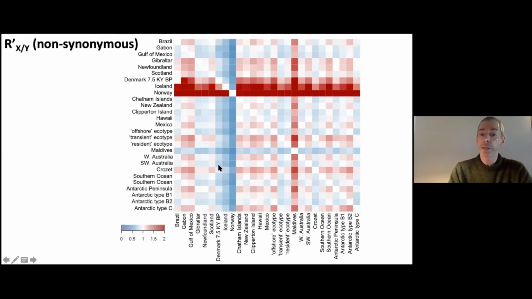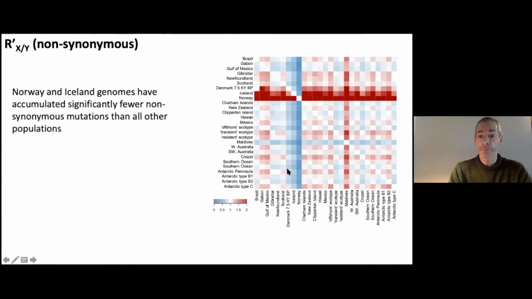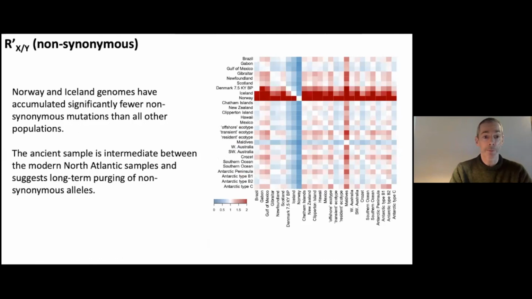So we do see this excess of synonymous to non-synonymous alleles, but the Norway and Iceland samples seem to have purged much more of the non-synonymous mutation load. So the ancient sample is intermediate, and it suggests that this purging is something that takes place over thousands of years. So this is quite a theoretically based idea.